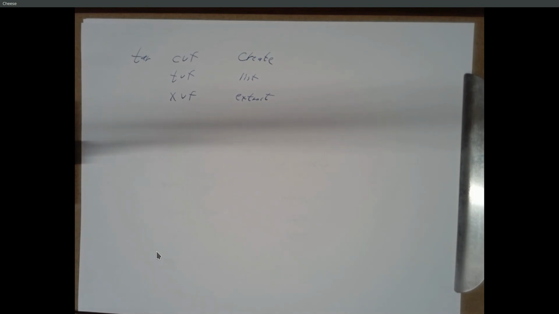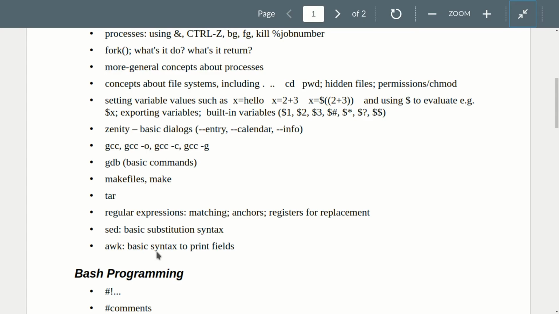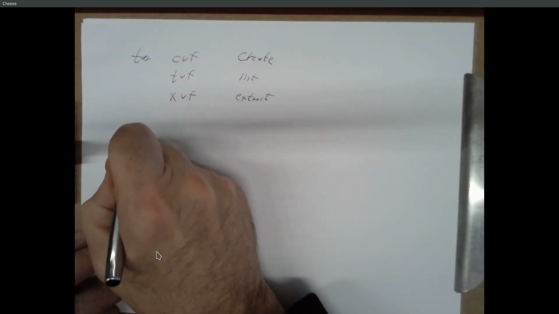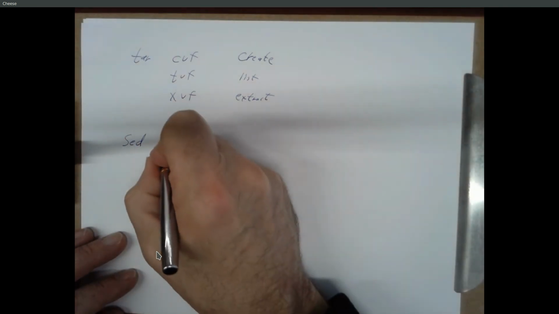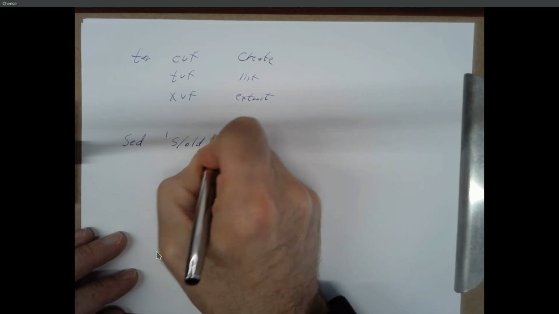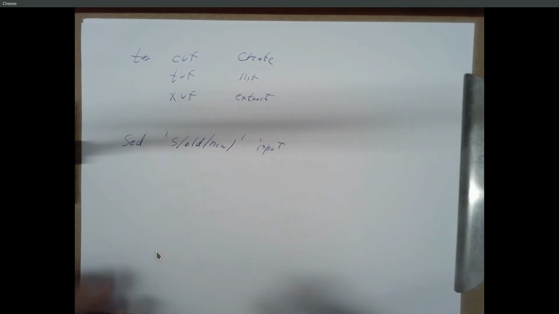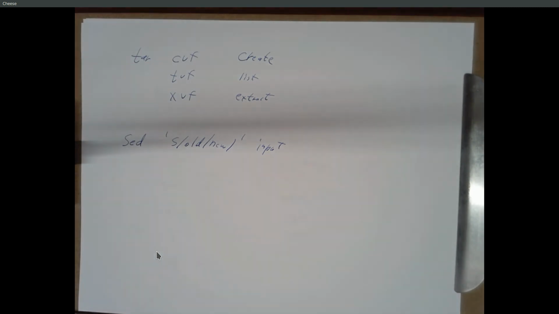All right, so tar, okay, so sed is the whole thing, but if you know this much about sed, you're in pretty good shape. Sed, and then inside single quotes, you can do one of these substitution commands like we do in VI when we say colon.